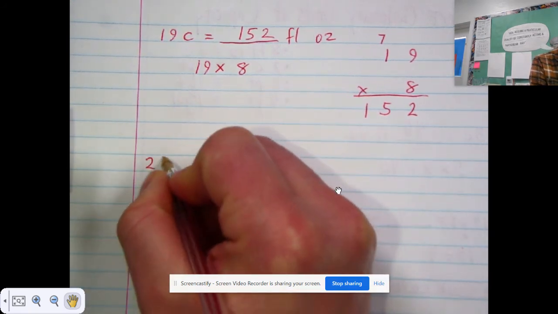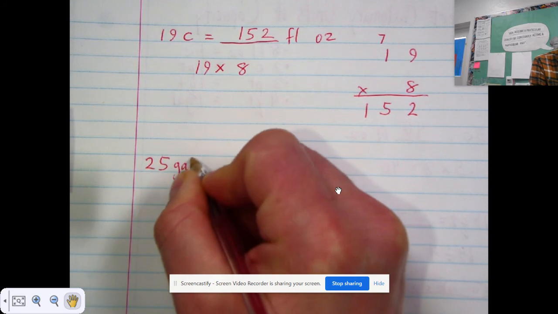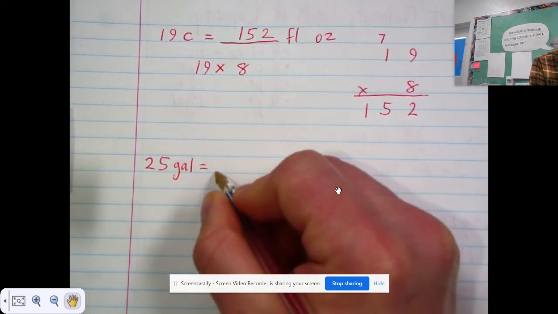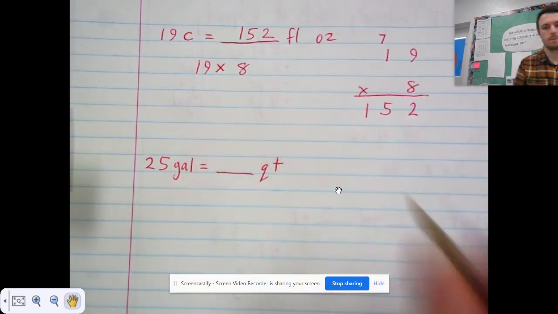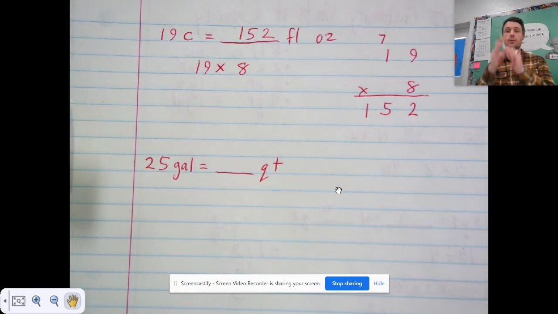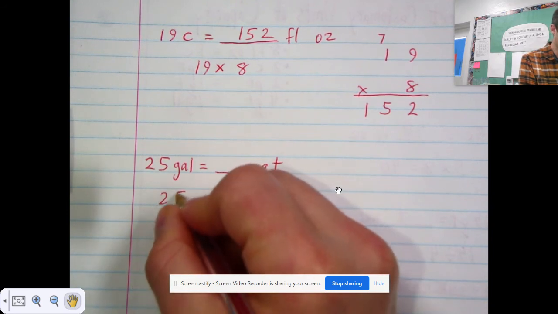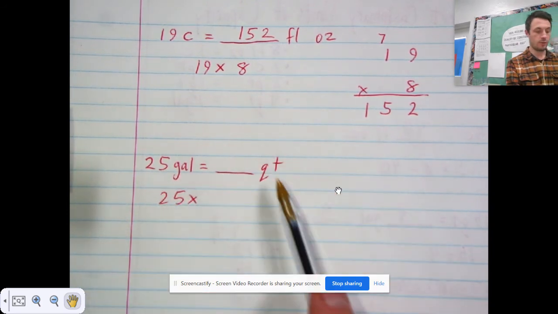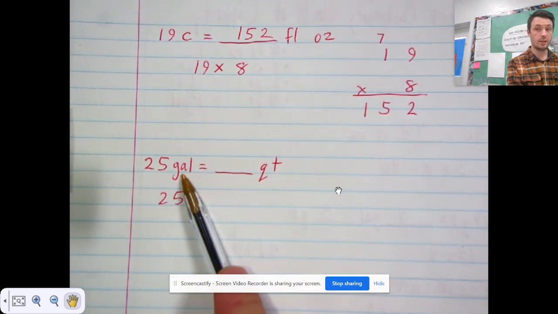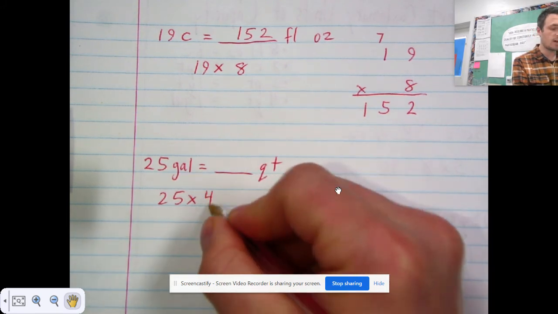Let's say we have 25 gallons, and we want to know how many quarts that is. We're going from gallons to quarts. Gallons are bigger than quarts, so we're going from a larger unit to a smaller unit, so we multiply. So it's going to be 25 times the amount of quarts that can fit into 1 gallon, which is 4. 25 times 4.